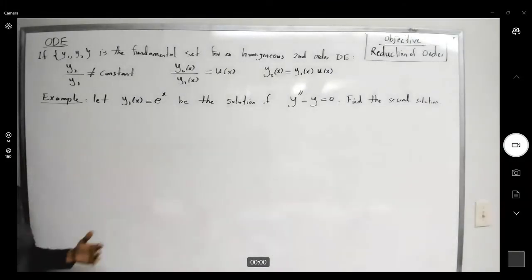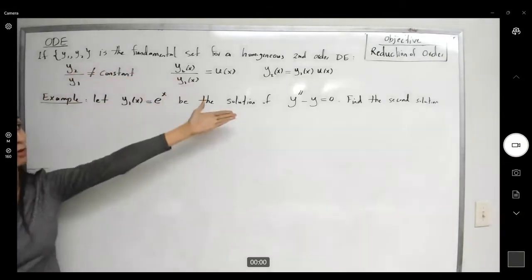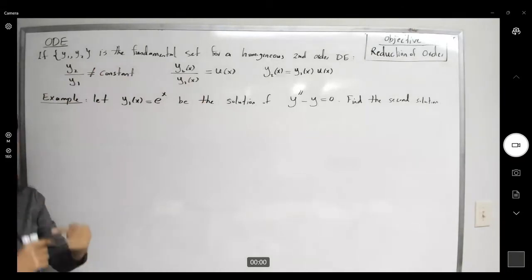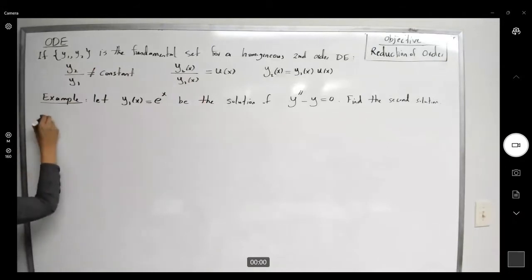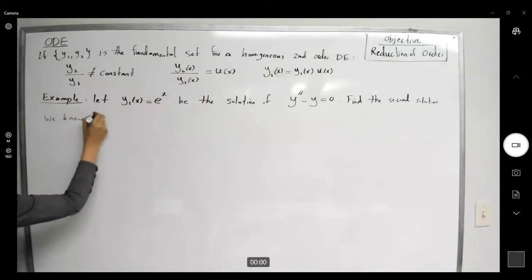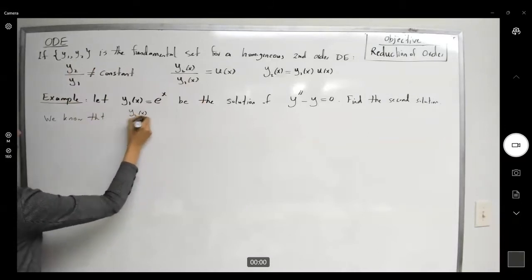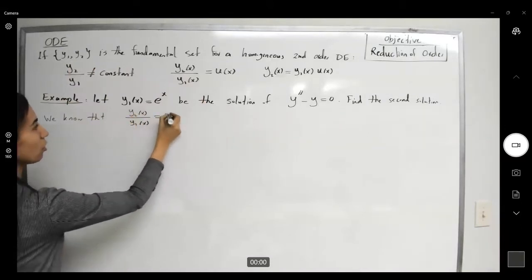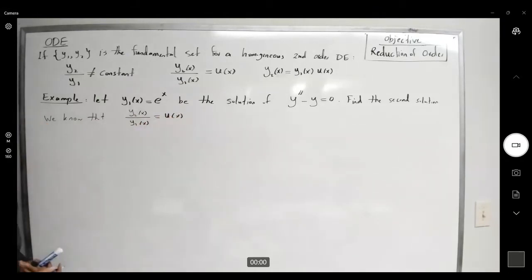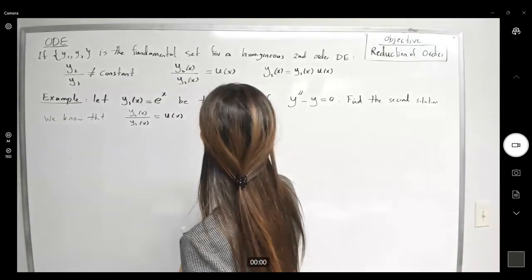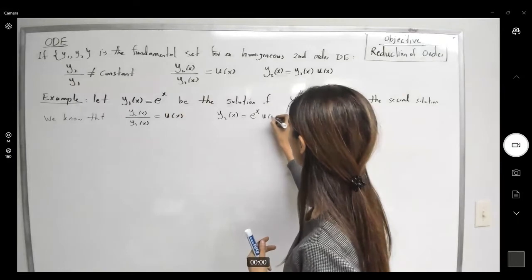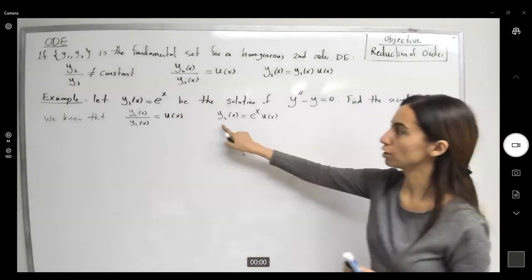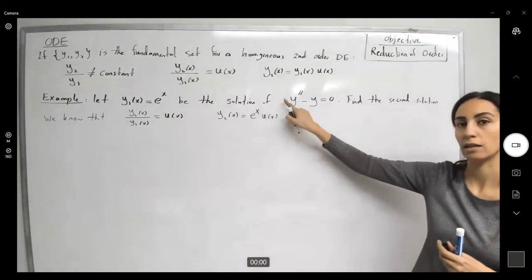Based on the fact that if we have a fundamental set, like y1 and y2, for a second order homogeneous differential equation, their quotient is not a constant. We know that y2 over y1 is equal to a function like u of x. So y2 of x becomes y1 times u of x, but y1 is given to us as e to the x, u of x.